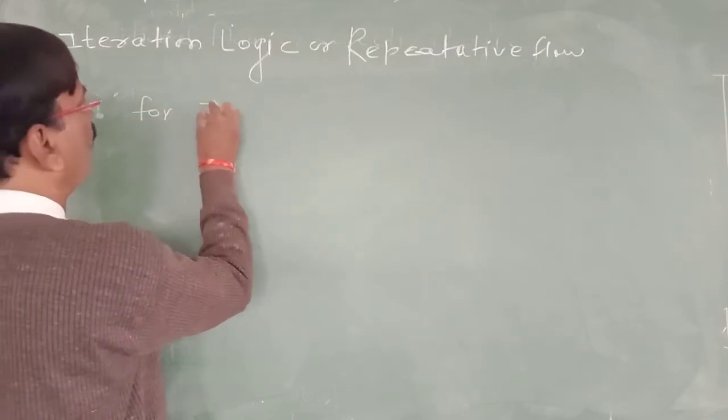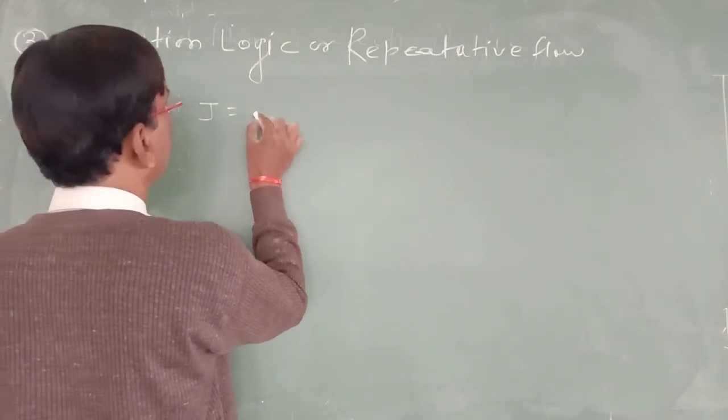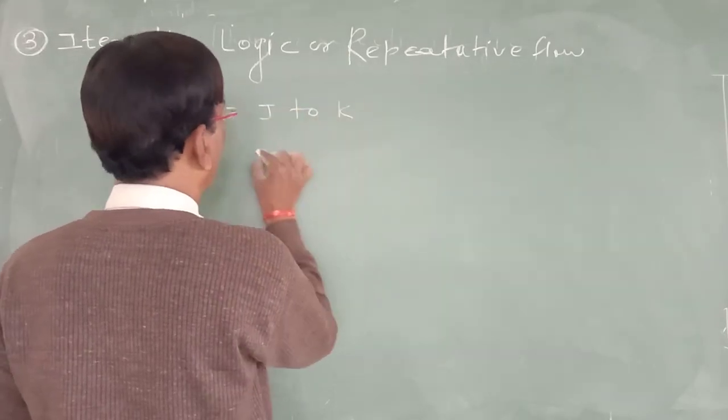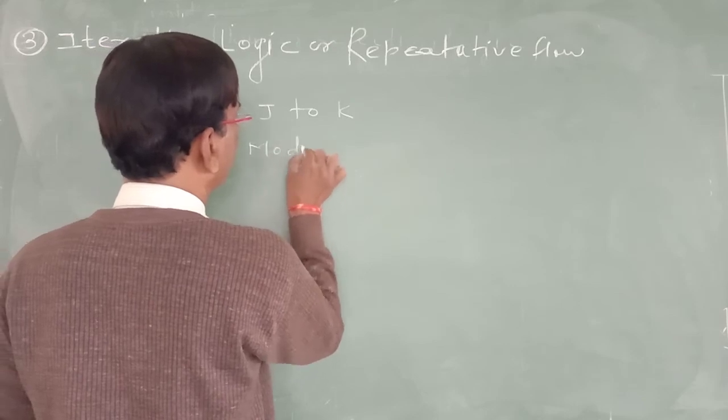For i equal to j to k, suppose, a module will be executed.